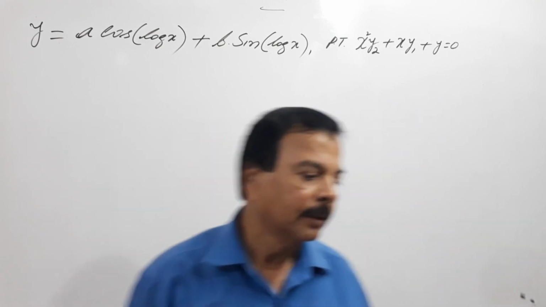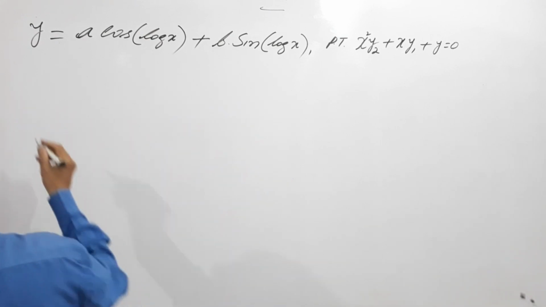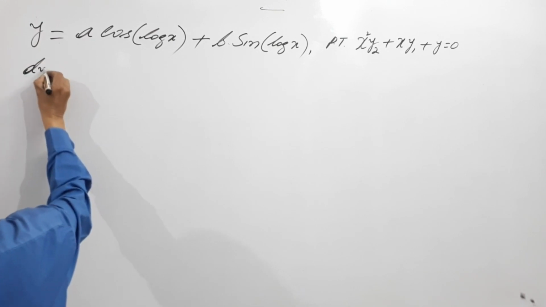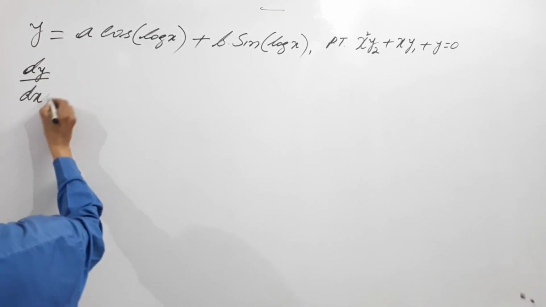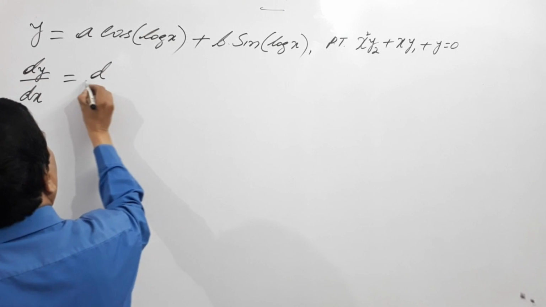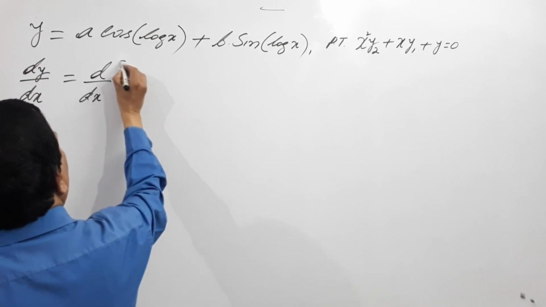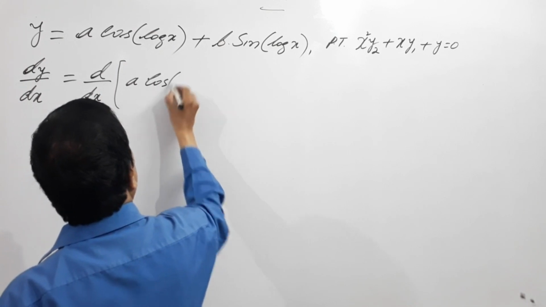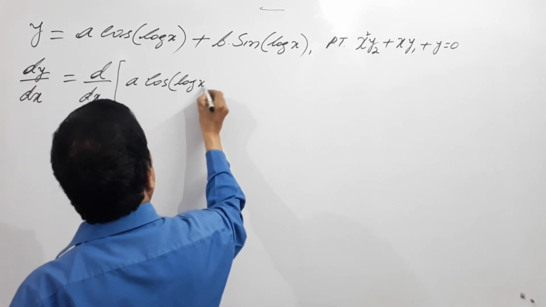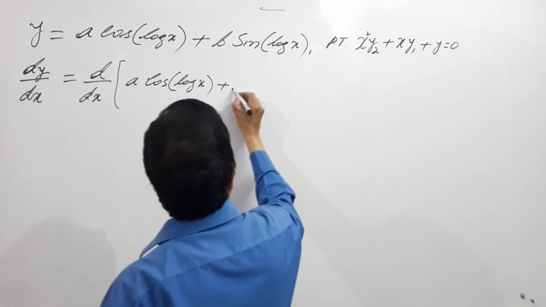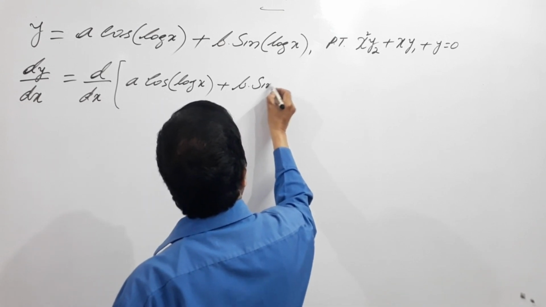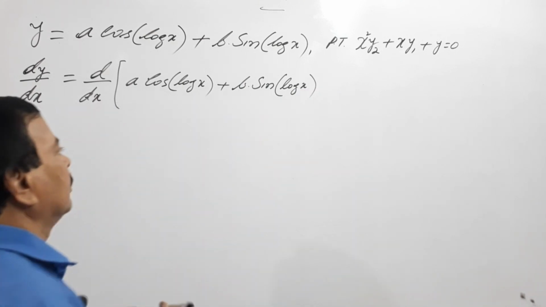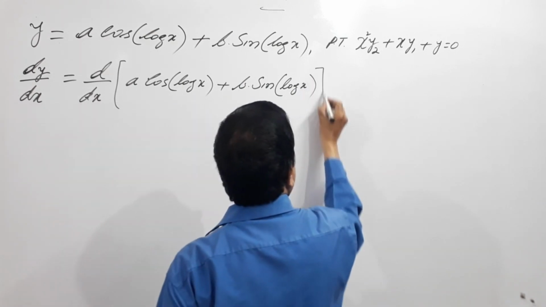Let's solve. So here, differentiating with respect to x, dy by dx equals d by dx of a cos log x plus b sin log x, and close up bracket.